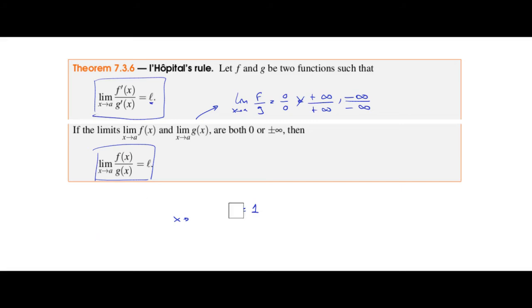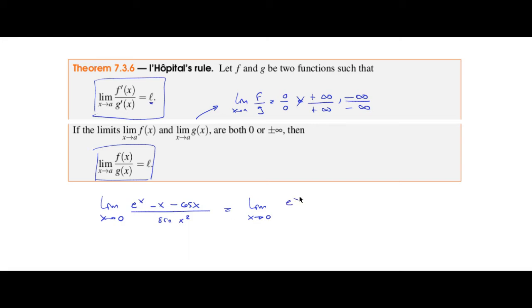Okay, so for instance, compute the limit when x goes to 0 of (e to the x minus the cosine of x) divided by the sine of x squared. Well, again, this is going to 1 minus 1, 0, and the sine of x squared, 0. Okay, so now we need to compute the derivative of the numerator.